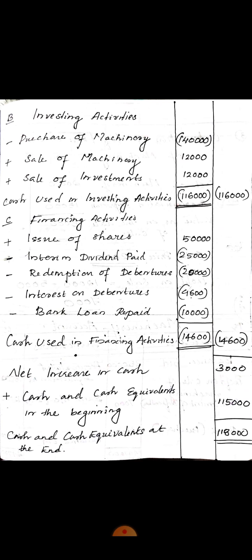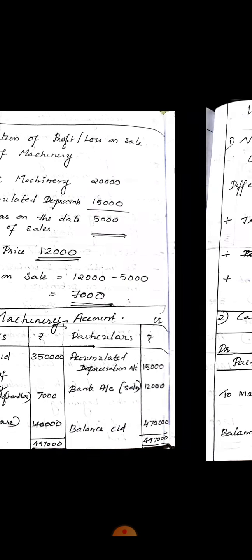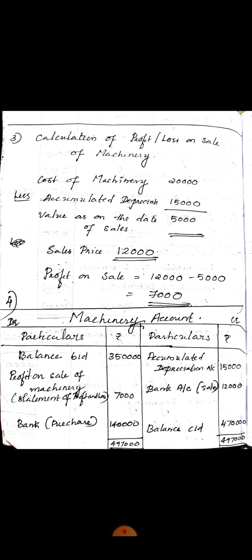Next activity, investing activity. Working note number 4, preparation of machinery account. Opening balance 3,50,000. Closing balance 4,70,000. Accumulated depreciation 15,000. Credit side, accumulated depreciation 15,000, that is the depreciation of assets sold. Then bank on credit side is the sales price rupees 12,000.